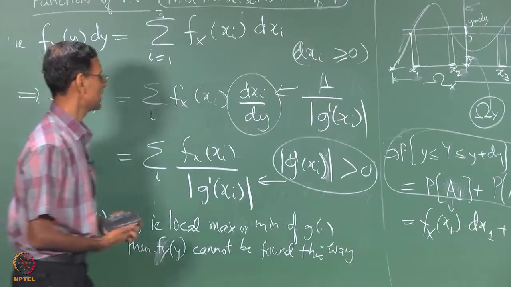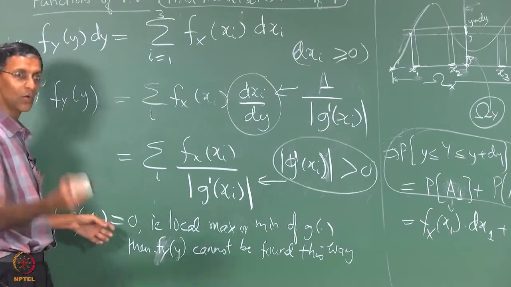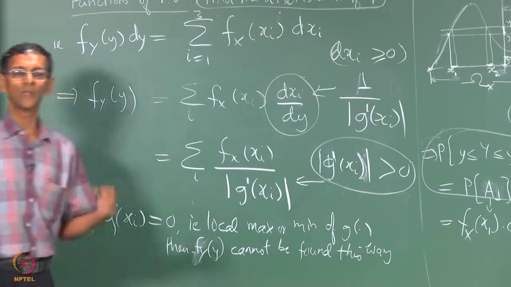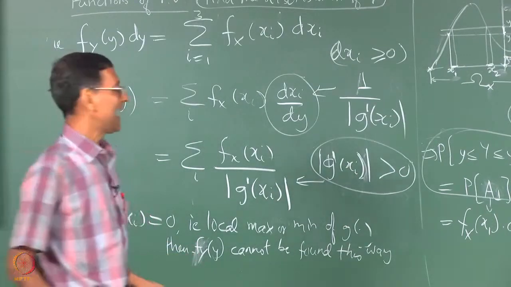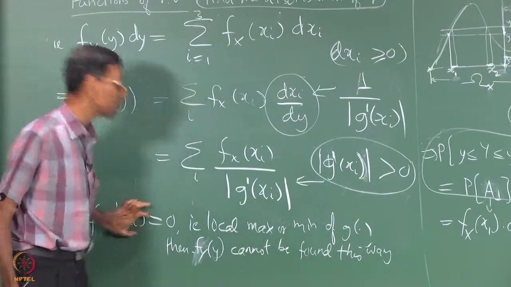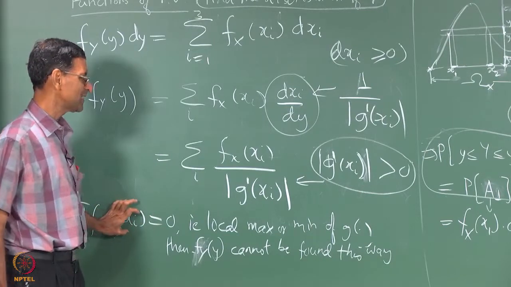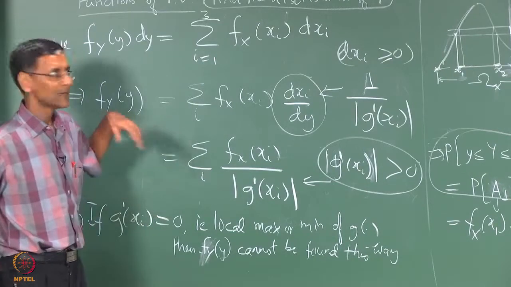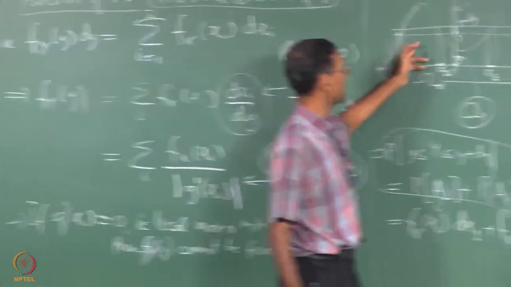But again, for the camera and for your notes, this is not an issue, I repeat, when there is only a finite number of such points to worry about. And we have said this method anyway will not work if there is a flat portion. If there is a flat portion, then there is an infinite number of such points, uncountably infinite, supposing g is flat somewhere.